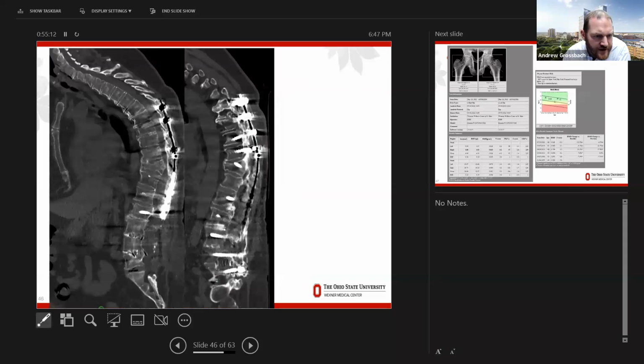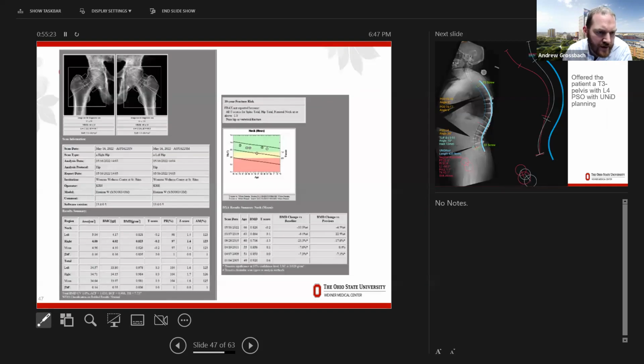Yep. So those are all great options. She went through the whole workup and bone density, make sure everything is optimized. I think the BMI optimization is a good point, and a lot of people have certain cutoffs.